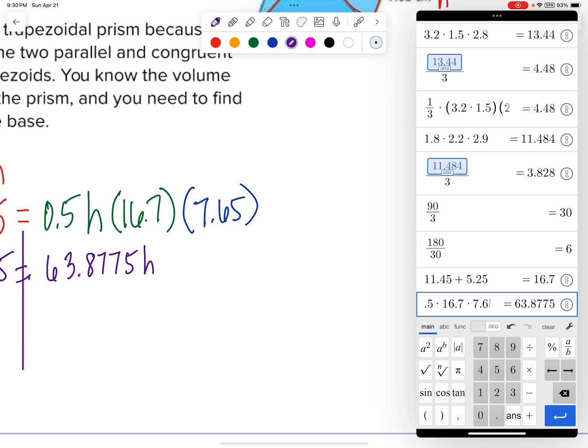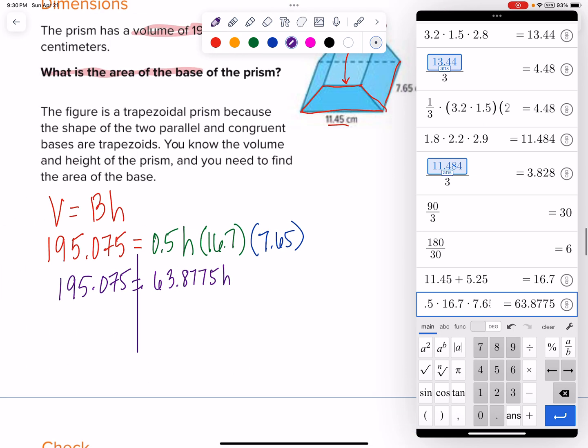And so we end up with 63.8775 times h. Now we just follow our normal steps. Let's get rid of that from h. Divide that on both sides. I don't really like this problem, but it does show that if we follow our rules of math, it'll all work out the way it should.